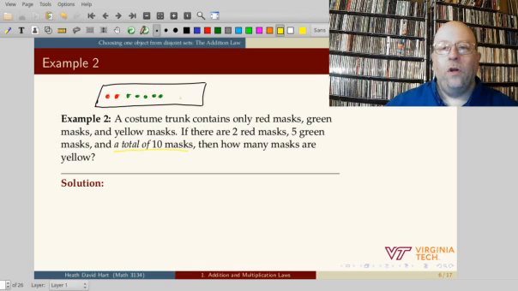Well, since we know that the total number of masks is 10, and we've already accounted for 7 masks, there have to be 3 yellow masks.